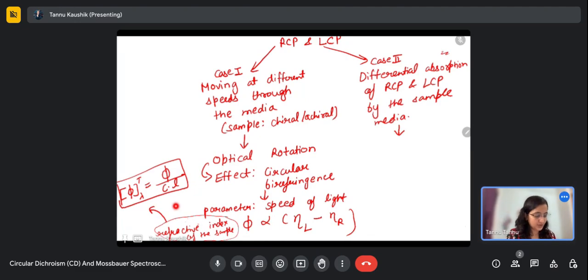Now coming to the differential absorption of right hand circularly polarized light and left hand circularly polarized light. This is the phenomenon which is taking place here, and here it is ellipticity.